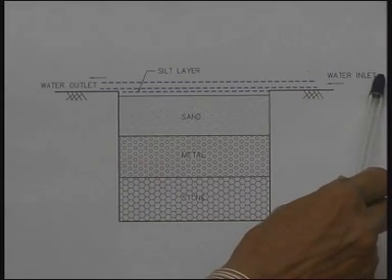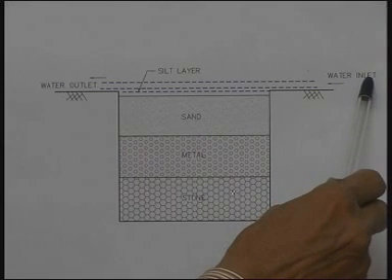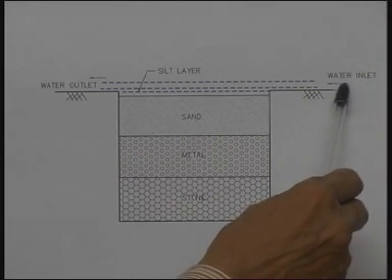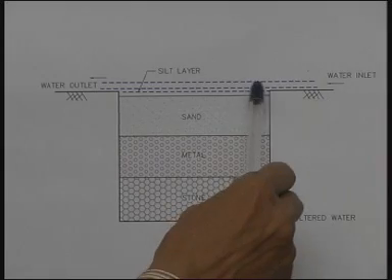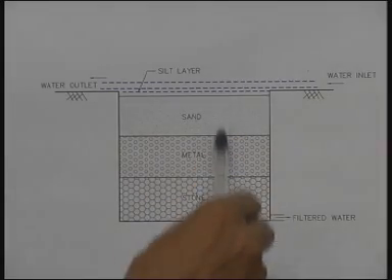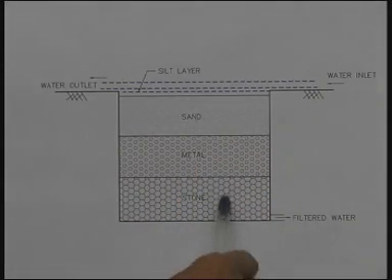The runoff water coming from the rooftop or the open areas within the premises would enter like this, and it will seep through, percolate down below and goes further down to recharge the groundwater table.